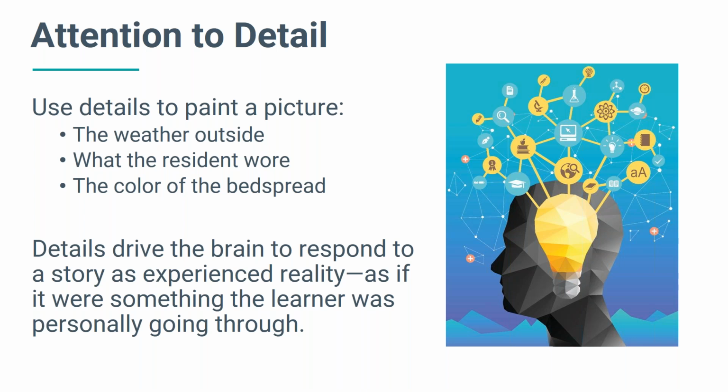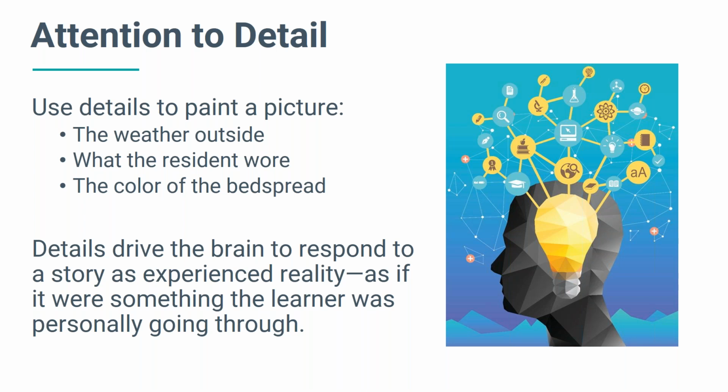When you're crafting a narrative, this goes back to memory. You really want to pay attention to detail. And that doesn't mean you need to provide, say, the detail of a Harry Potter novel, but you want to use details to paint a picture of what was going on. So talk about what the weather was like outside or what the resident wore. Maybe they had a purple sweater on. Maybe the bedspread was red, or it was something that was a family heirloom that they brought to their own personal room.